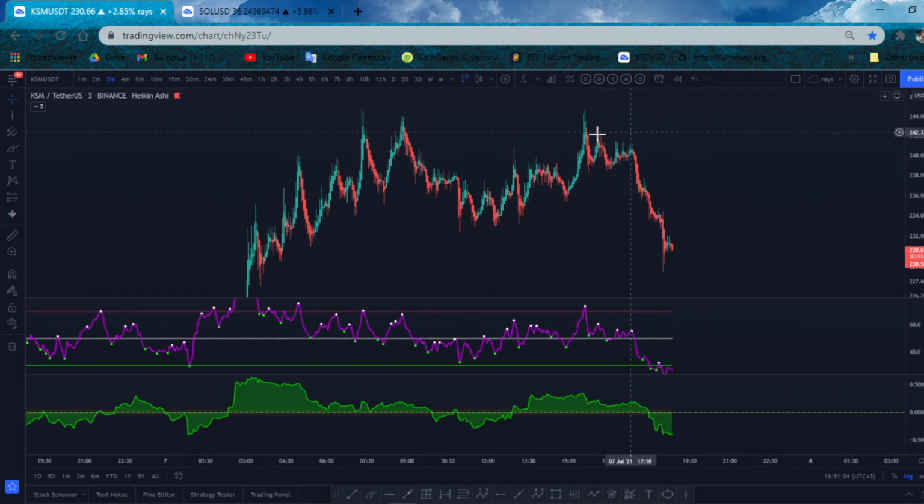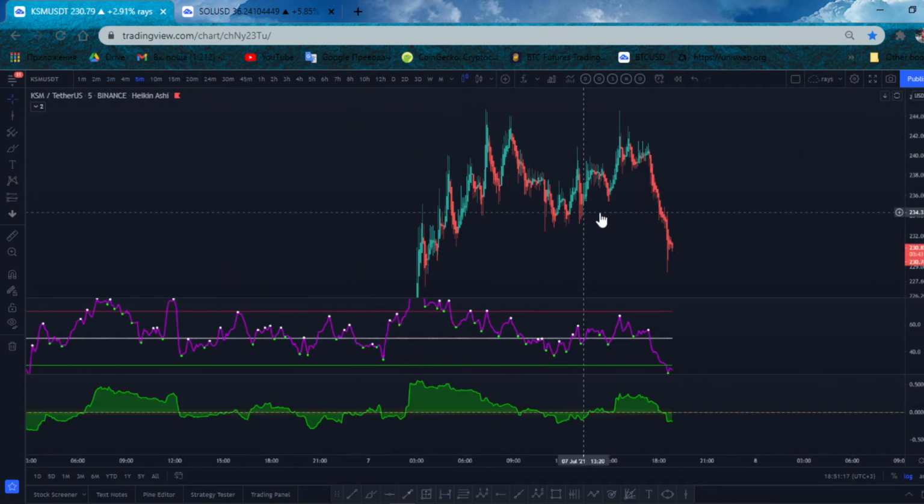Why was that big drop? On the 2 hour, we saw that the RSI was in the overbought territory. The money flow was steady, yes, but here on the smaller time frames, we see it going down. The next hump is smaller, going down.